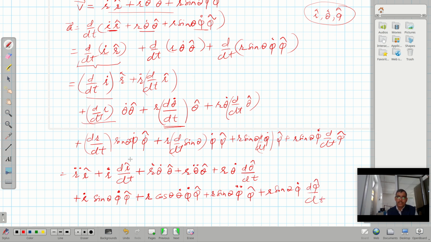So now we need to determine these values: dr cap over dt, d theta cap over dt, and d phi cap over dt.